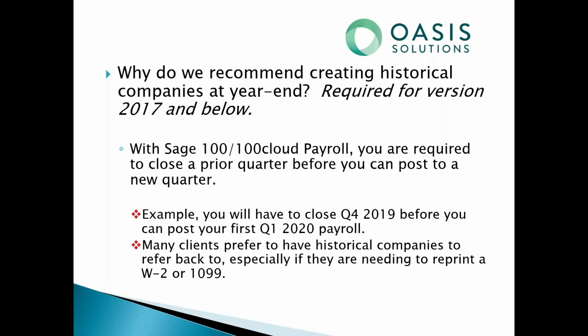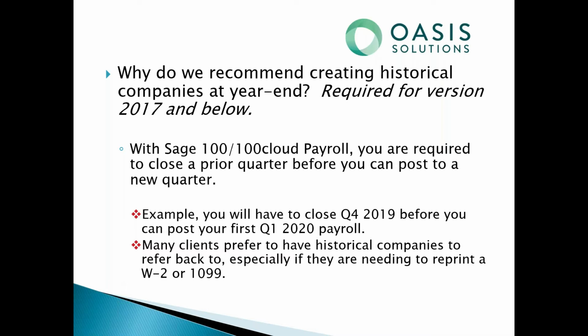But when you do that closing, it basically wipes out your year-to-date information, so your quarterlies would have to be done before you close the quarter. Your W-2s would have to be done before you close the quarter. So there's a lot of things that have to be done.